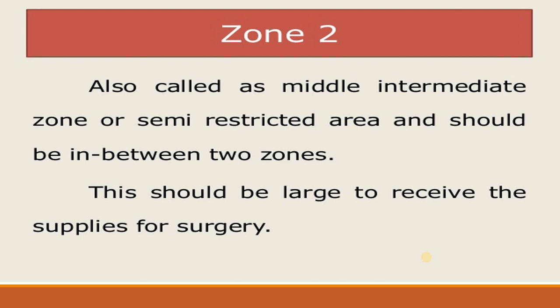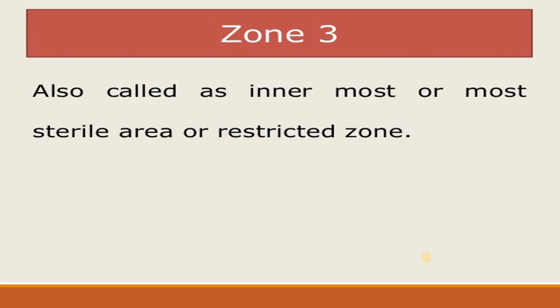Some non-sterile procedures may also be conducted in this area. Personnel without OT articles should not be permitted. This is the middle intermediate zone and semi-restricted area, and it should be large enough to receive the supplies for the surgery.